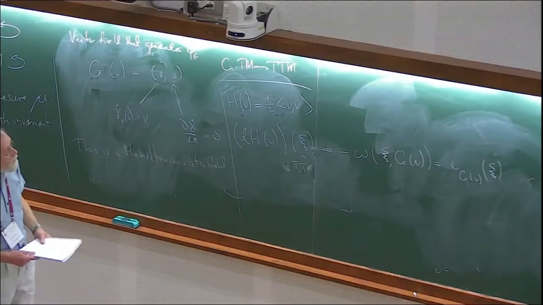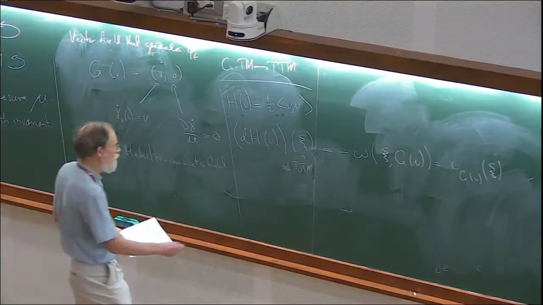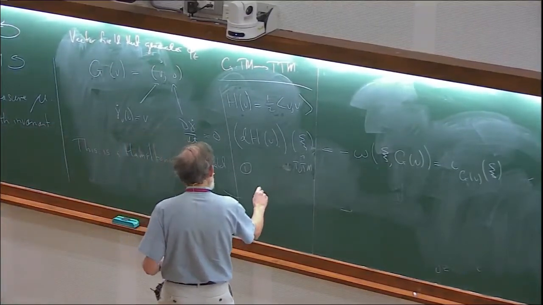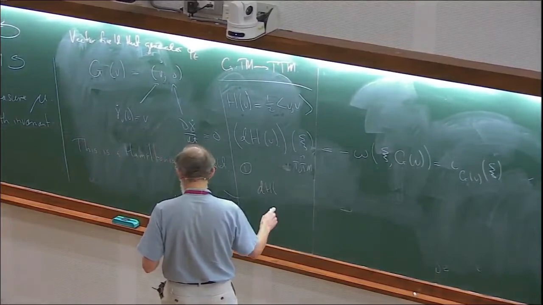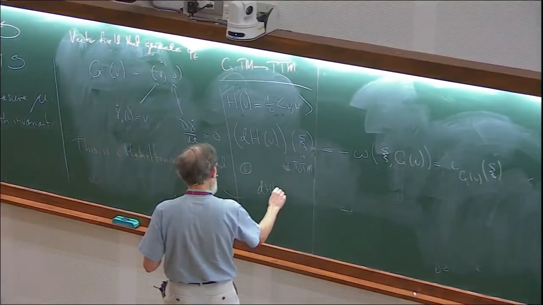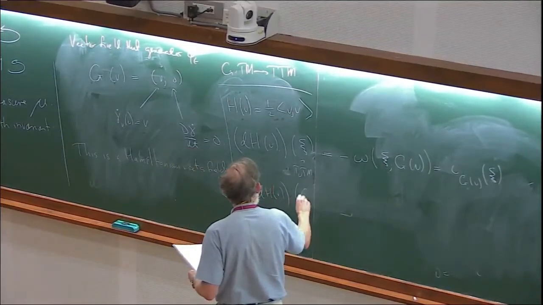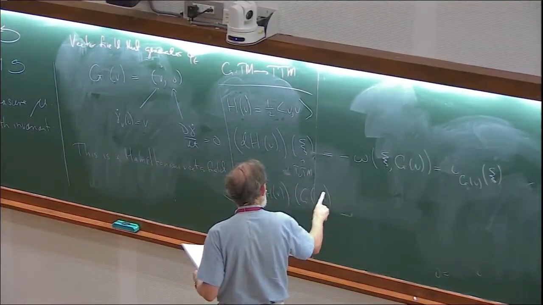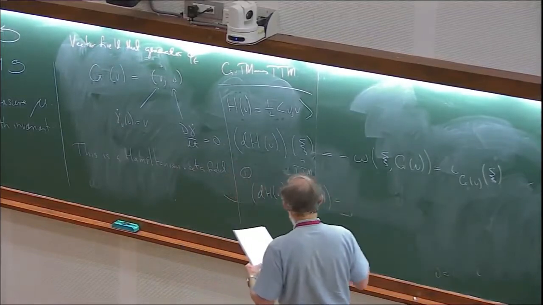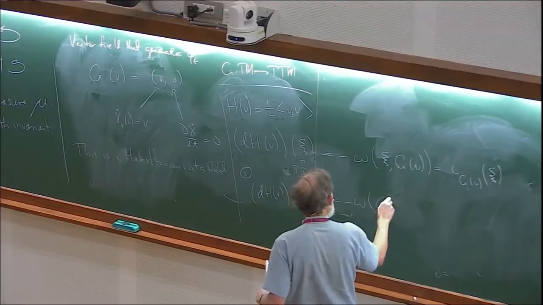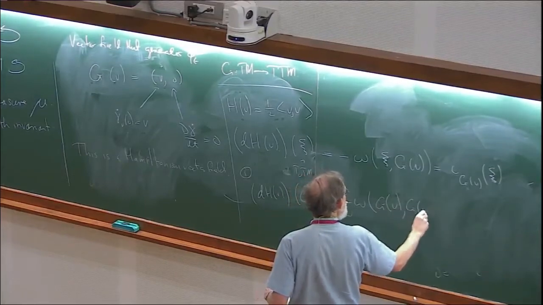And now there are a couple of simple calculations you can make. The first one is, suppose I look at the derivative of H and I apply it to G(V). Then what I get is minus omega, I guess, where xi is now G(V).